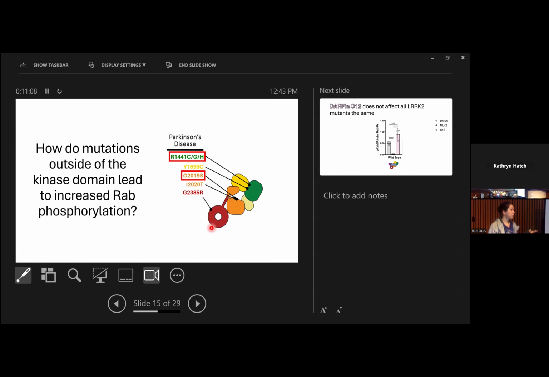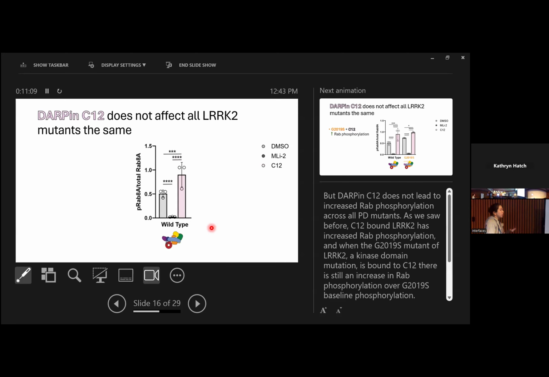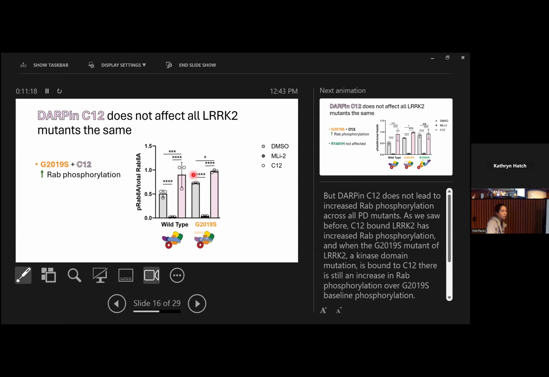to look at first. And so again, DARPin C12 sits on the WD40 domain, lets the kinase become more accessible, and you have this increase in kinase activity, or this increase in Rab phosphorylation. With G2019S, which remember is a mutation in the kinase domain itself, you have this baseline increase in kinase activity over wild type, which we would expect.